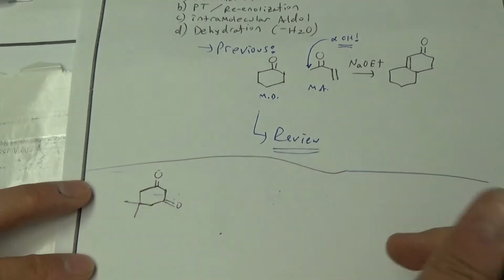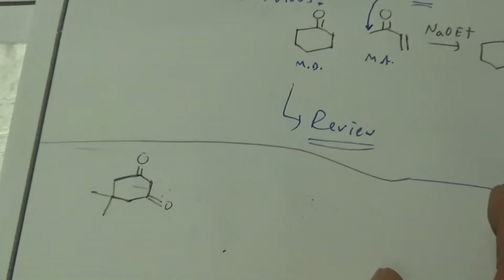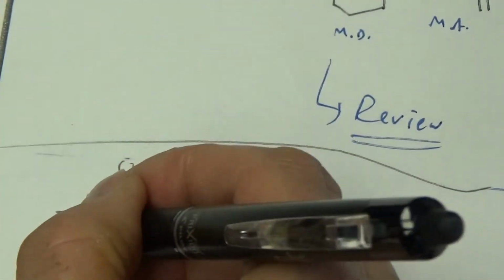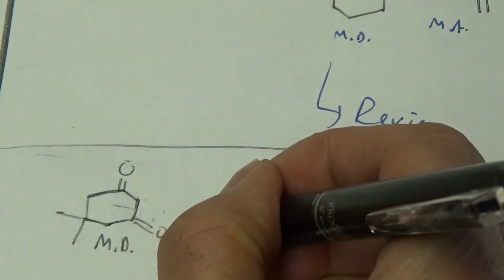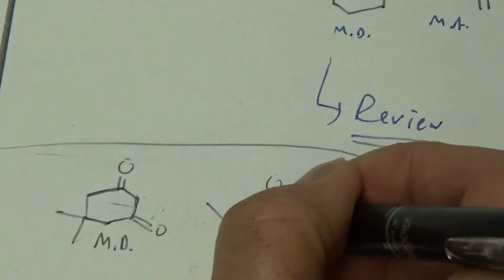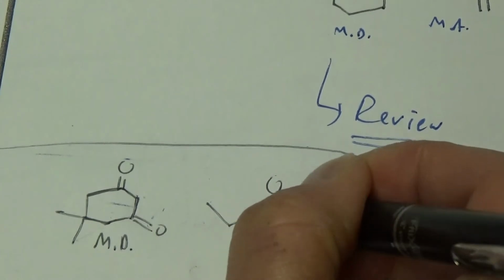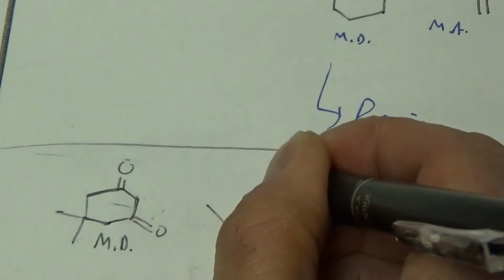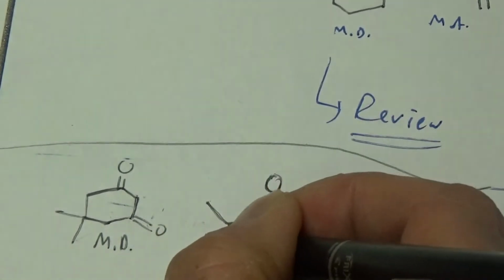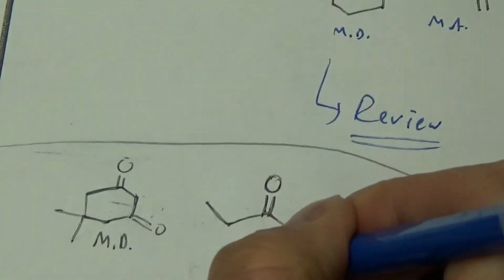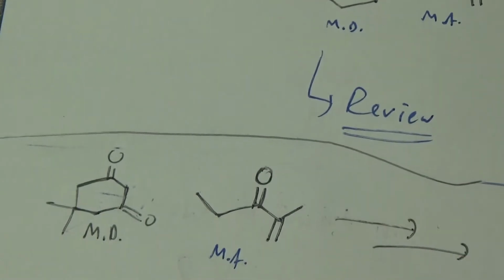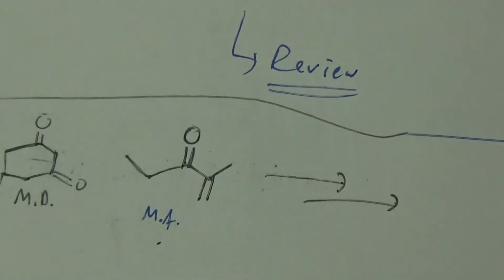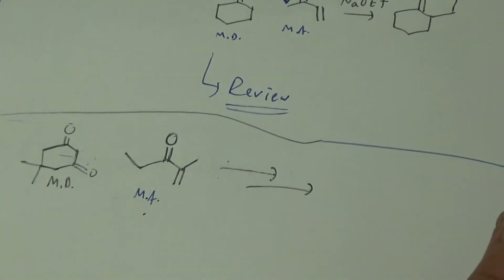Okay. And now that'll be the Michael donor, MD. And then the Michael acceptor will just be this molecule. Michael acceptor. Okay. And let's step through the intermediates in the mechanism to make this molecule.